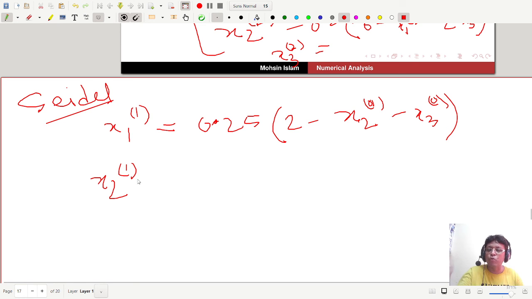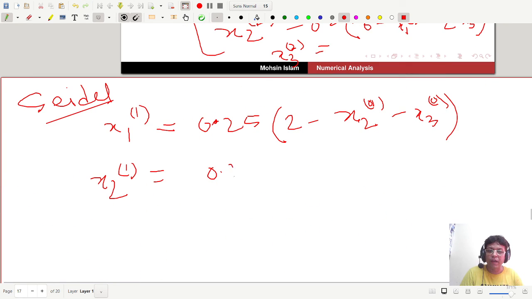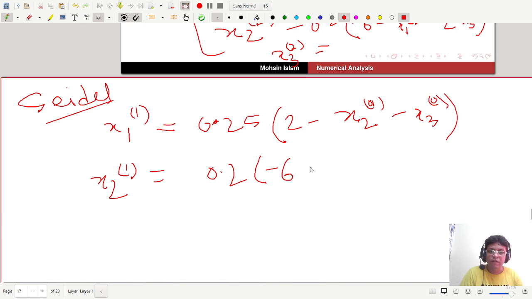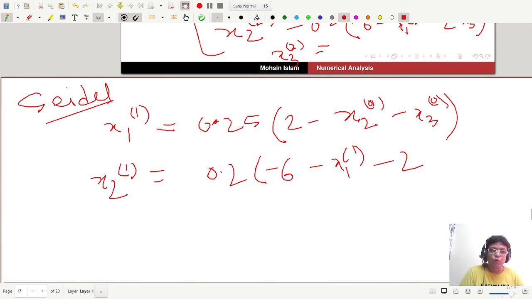If you are using Gauss-Seidel iteration, then what was your equation? 0.2, minus 6, minus x1 1. I'm writing x1 1, and x3 you are not getting the improved value of x3, so you have to write x3 0.